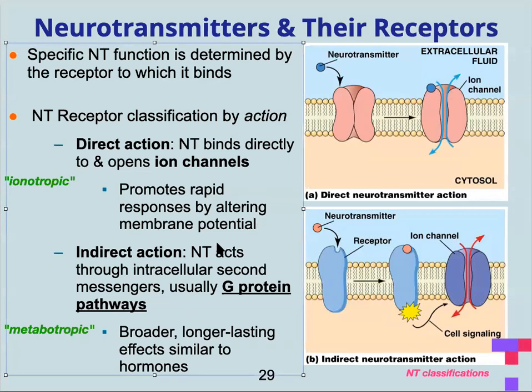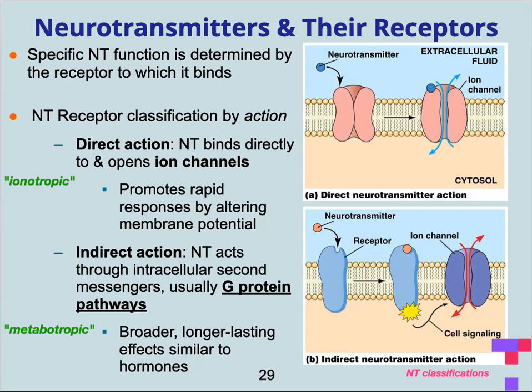This is in contrast to the indirect action or metabotropic receptors, which carry out events through the G protein pathway. Remember the G protein transduction pathway. If you don't remember that, remember to review it. This type of action tends to be longer lasting, but brings about a more widespread, broader effect. If you recall from the G protein pathway, within each of those steps, amplification occurs.